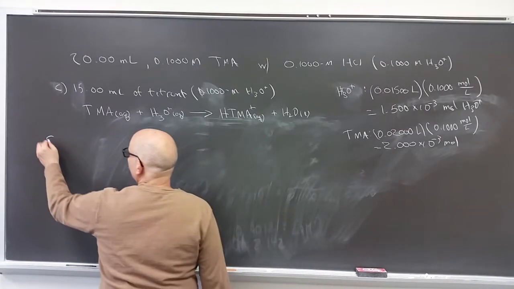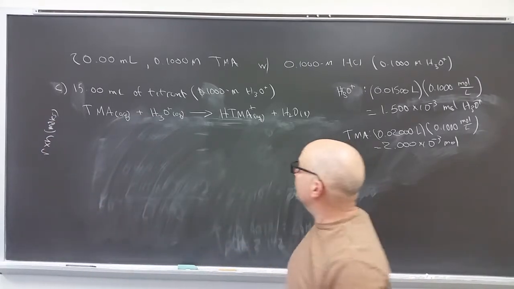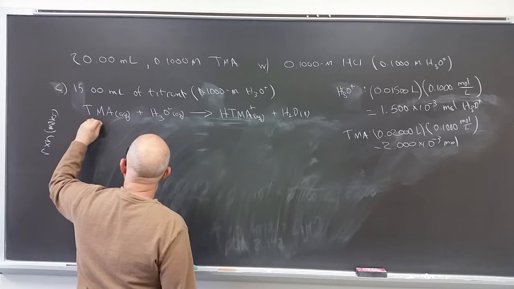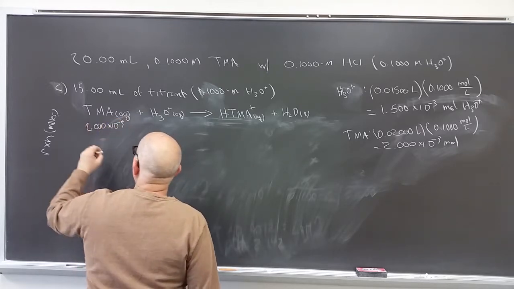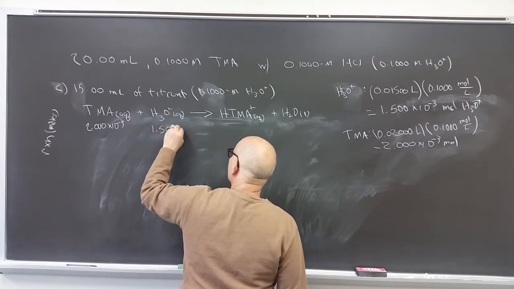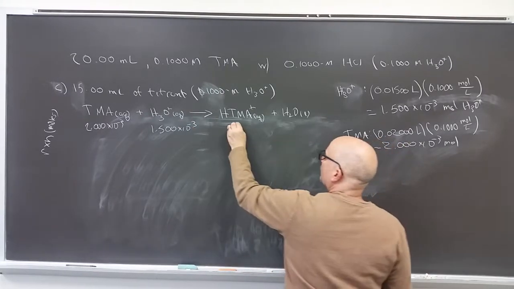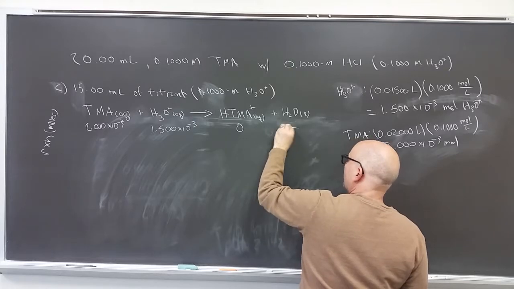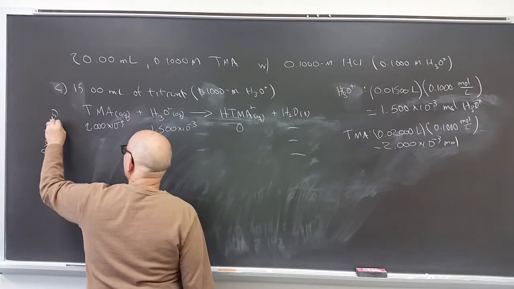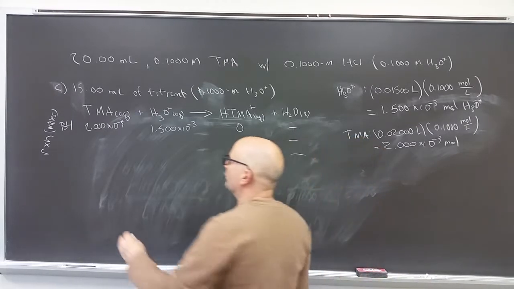And I'm going to start by expressing things in amount, in moles. So we initially have 2 times 10 to the negative 3 moles of the trimethylamine, and 1.5 times 10 to the negative 3 moles of hydronium. We're going to say no trimethylammonium, and the water is not really going to matter. So this is the hypothetical case after they've mixed, but before actually reacting.